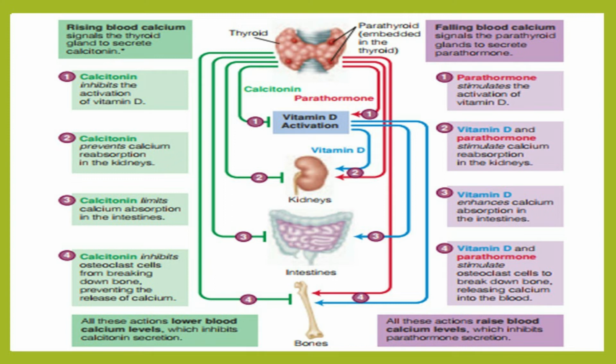Absorption becomes more efficient during times of inadequate intakes. Many of the conditions that enhance calcium absorption inhibit it when they are absent. For example, sufficient vitamin D supports absorption, while a deficiency impairs it.